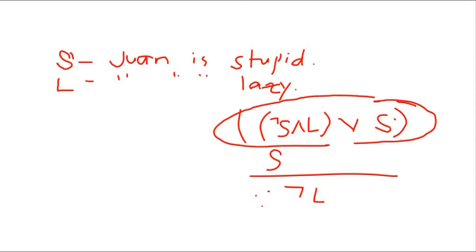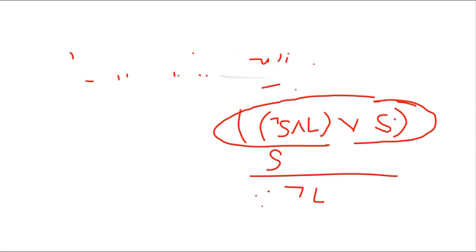First thing that we are going to do is to commute, say commutative, with distributive.